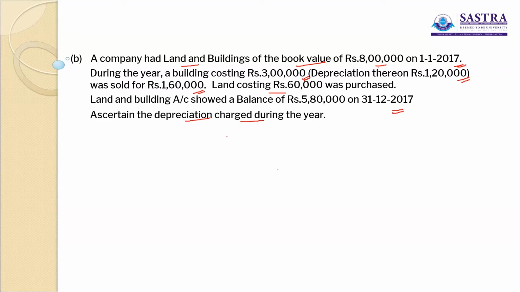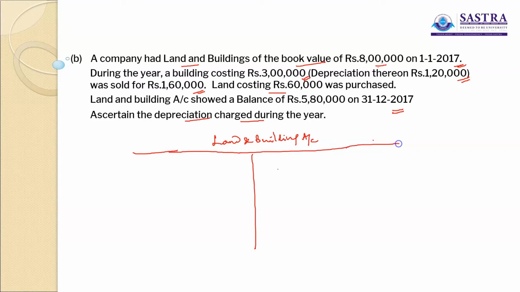So for this purpose, we need to have land and building ledger. Land and building account. So being asset item, opening balance always on the debit side, closing on the credit side. So to balance brought down, this opening balance rupees 8 lakhs.